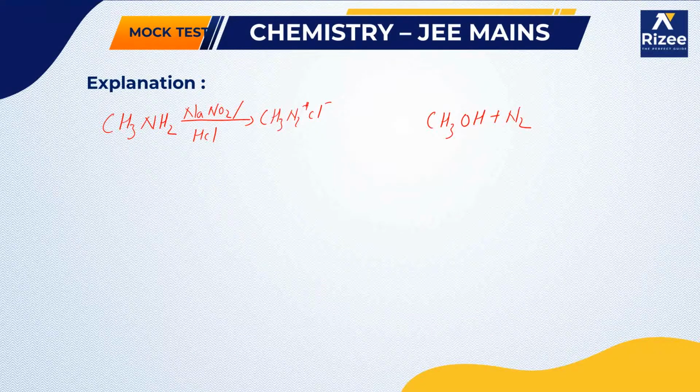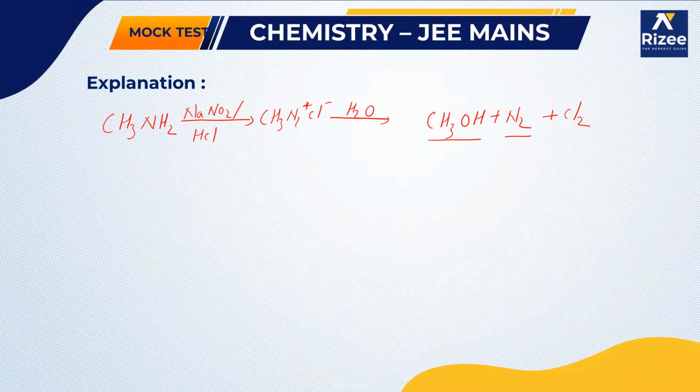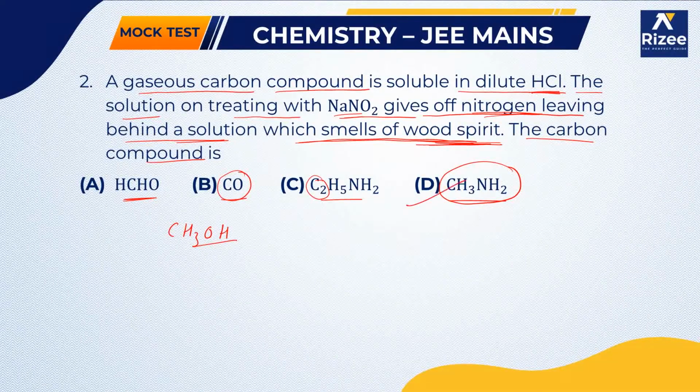This is our diazotized product, and it undergoes hydrolysis to form methyl alcohol plus nitrogen gas. In our question, it says that it gives off nitrogen, leaving behind a solution which smells of wood spirit. So, this is our wood spirit, and nitrogen gas is evolved. So, our answer is methylamine.